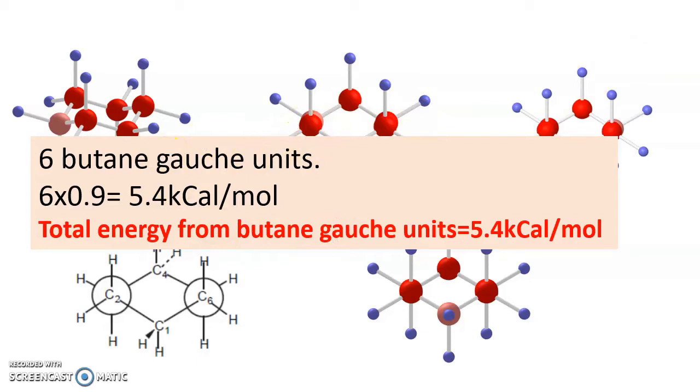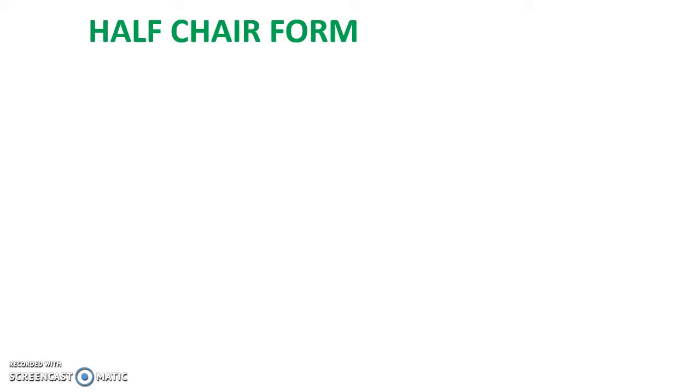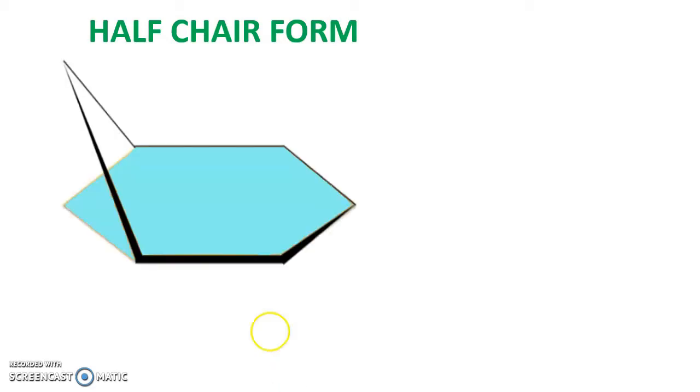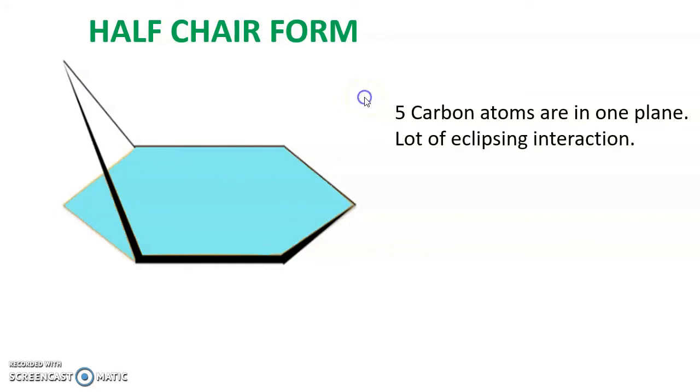Now from the chair conformer, when it flips, it goes to the half chair conformer. Now in the half chair form, we find that the 5 carbon atoms are in one plane, and only 1 carbon atom is out of plane. Now because of this, since all the 5 carbon atoms are in one plane, there will be a lot of eclipsing interaction.